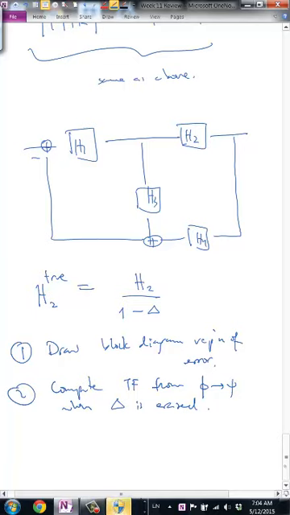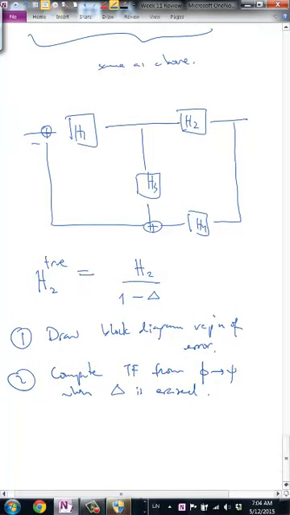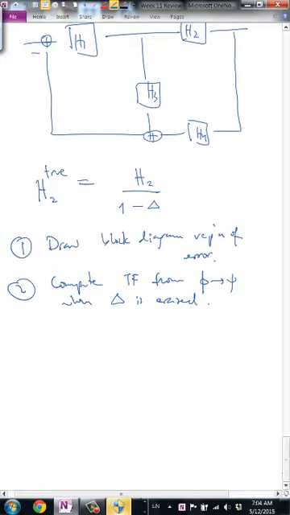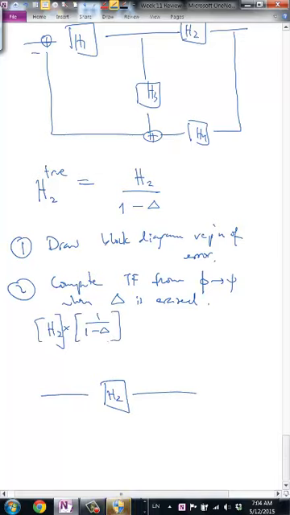I'll give you the answer here for the first step. We have H2. I want to turn H2 into H2 over 1 minus delta. So we can think about this as H2 times 1 over 1 minus delta. So I want to connect H2 in series to a block that will give me 1 over 1 minus delta. Whenever you see delta in the denominator, there must be some feedback of some kind. And you can check that connecting like this with no minus sign there gives me exactly what I want.